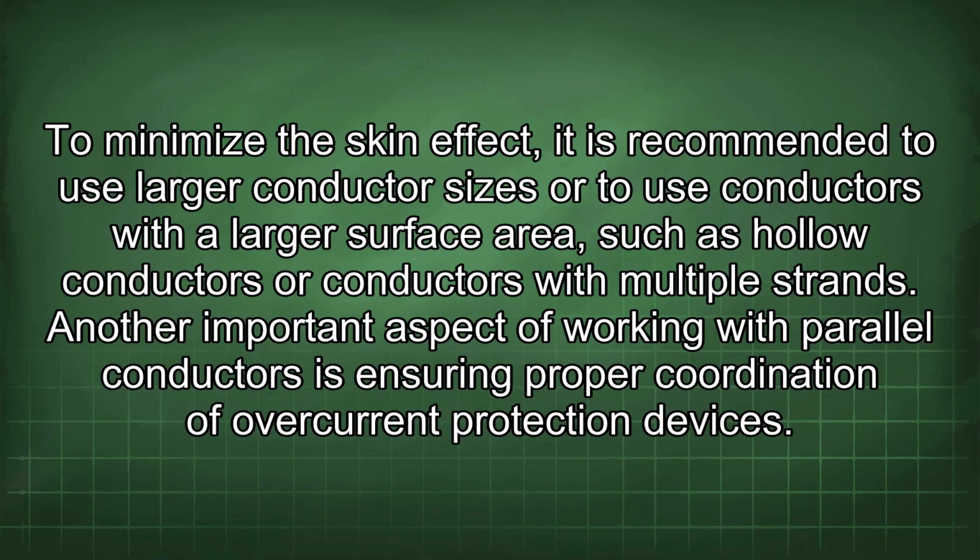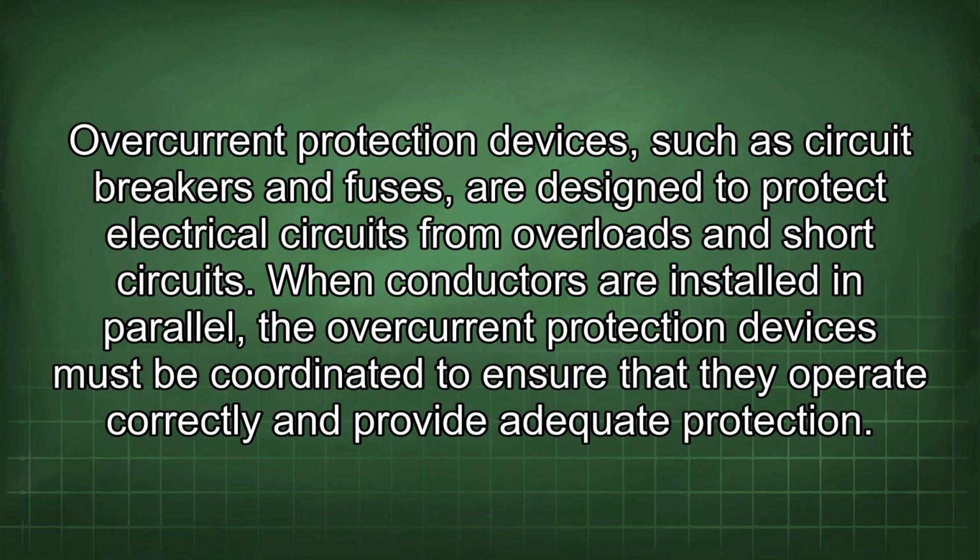Another important aspect of working with parallel conductors is ensuring proper coordination of overcurrent protection devices. Overcurrent protection devices, such as circuit breakers and fuses, are designed to protect electrical circuits from overloads and short circuits. When conductors are installed in parallel, the overcurrent protection devices must be coordinated to ensure that they operate correctly and provide adequate protection.